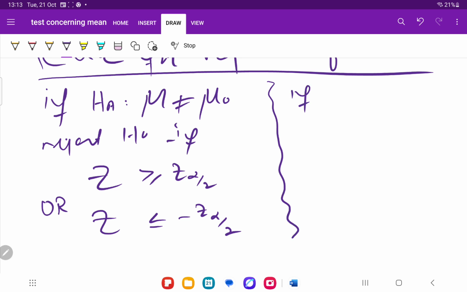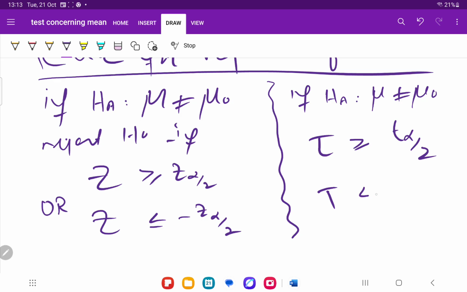And for the T test, if HA is mu not equal to mu naught, then reject H naught if T is greater than T alpha by 2 or T is less than or equal to minus T alpha by 2.